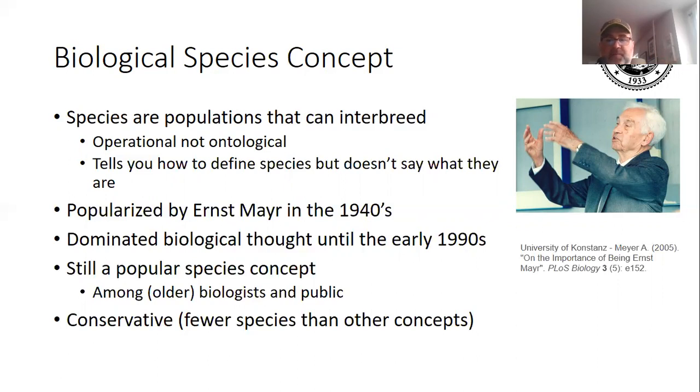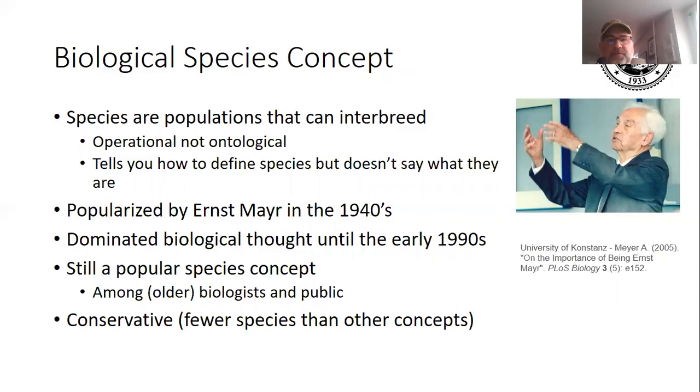So if you have a population of organisms that cannot breed with other organisms, then they're considered to be separate species. One of the consequences of this is a lot of evolutionary biology looks at reproductive isolation. So what keeps one species from breeding with another? Okay, this is a very operational definition of species. It tells us how to determine if the crimson fruit crow might be different from another species of bird, but it doesn't tell you what a species is. So there's no ontological definition.